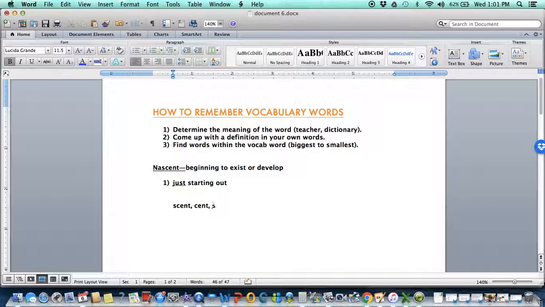Oh, and why don't we just use scent? Because we can actually be phonetic about what we see. Since these all sound the same, we can write them all. As long as they phonetically make sense, sound the same, then that's fine.